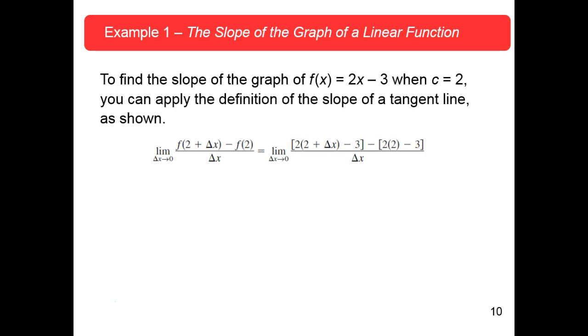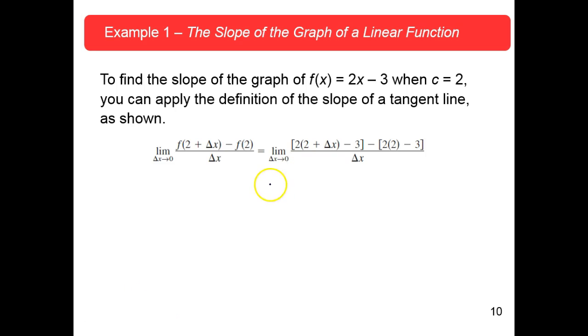So that would be 2 times (2 plus delta x) minus 3. Minus 2 times 2 minus 3. So you're just plugging this in for that f and that in for that f, divided by delta x. Now, pretty easy math to do here. You would think, why in the world would you waste your time doing it? But let's do it.